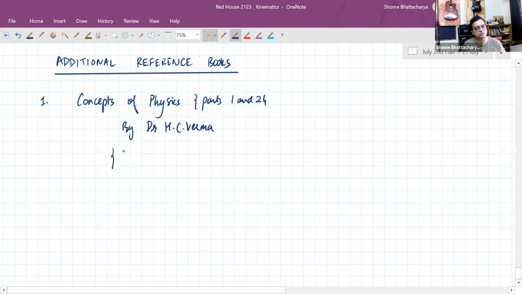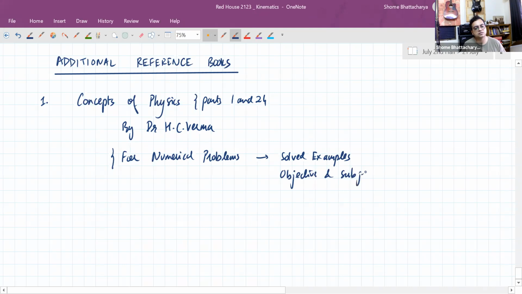So use this for numerical problems in the form of the solved examples that are given in it and objective and subjective exercises. So numerical problems of JEE Mains plus advanced level.